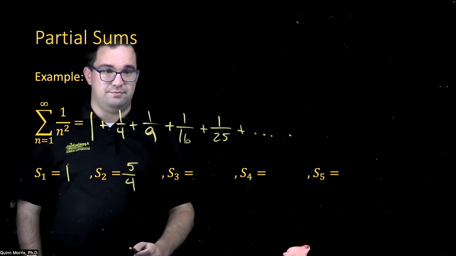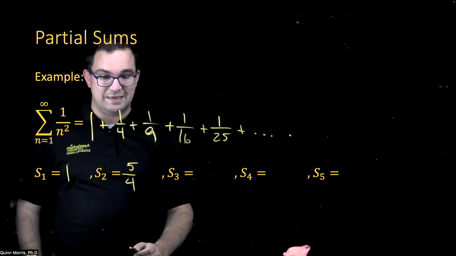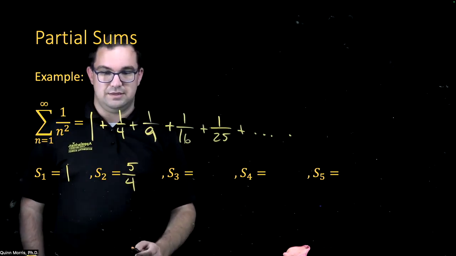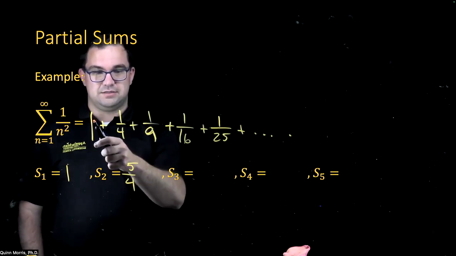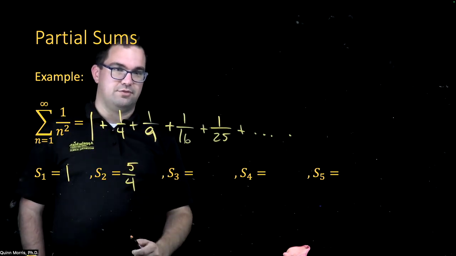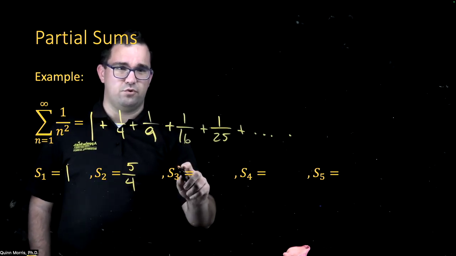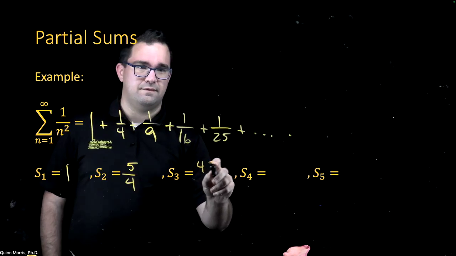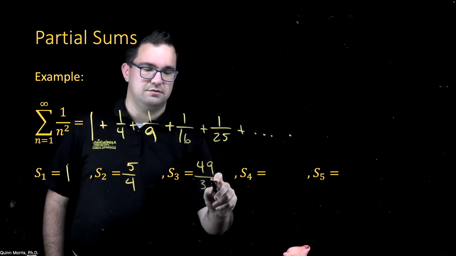So that would need to be in terms of 36ths. That would be 36 plus 9 plus 4, so 36 plus 13, which would be 49 over 36.